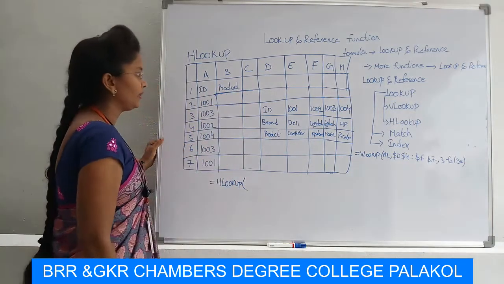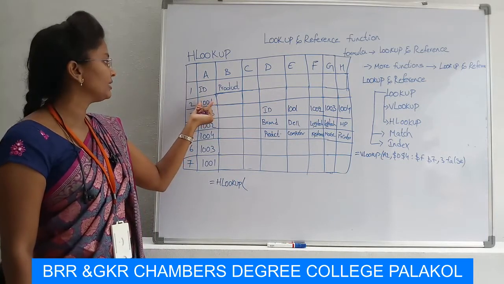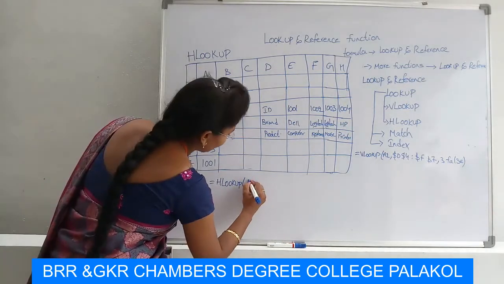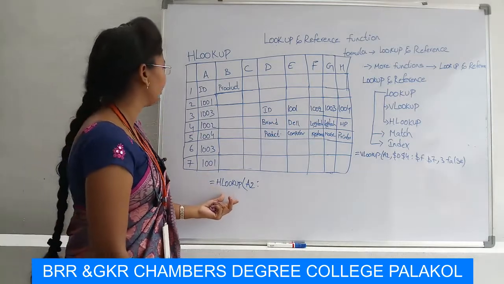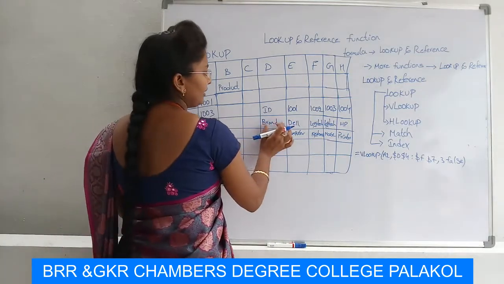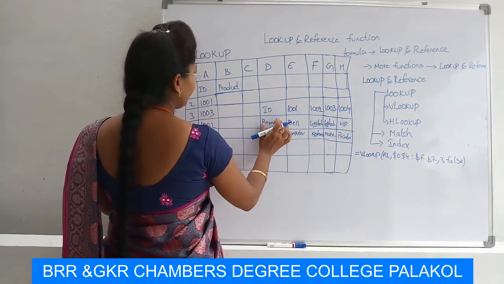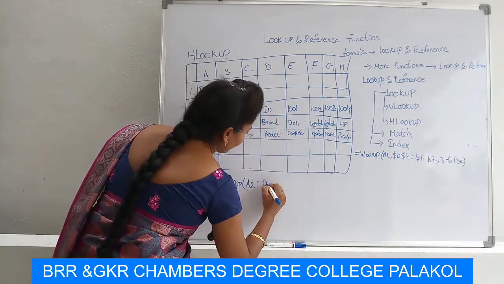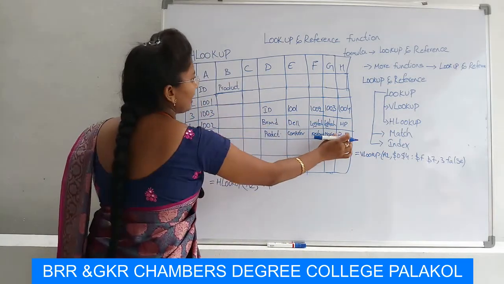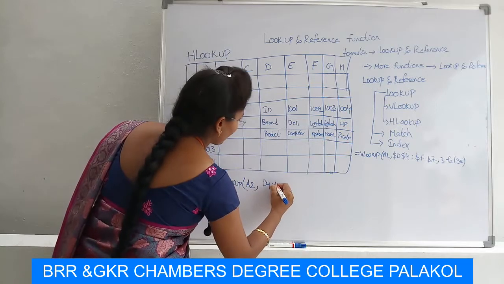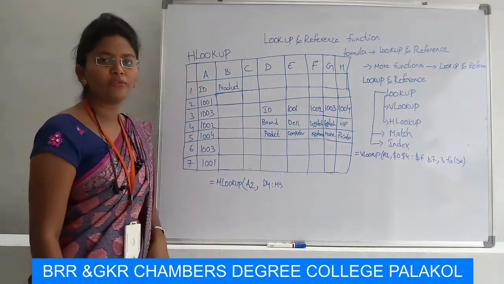That means I want to take the ID number as 1001. That means this reference ID is A2. I am selecting the cell and here A2 will be represented. After selecting that, I am selecting the data in the Excel sheet. I am selecting up to H5. That means D4 is the start, comma, D4 and the last one is H5, colon H5, and press the F4 function key on your keyboard.